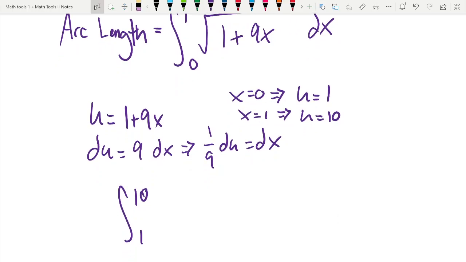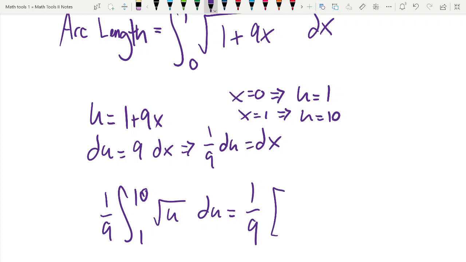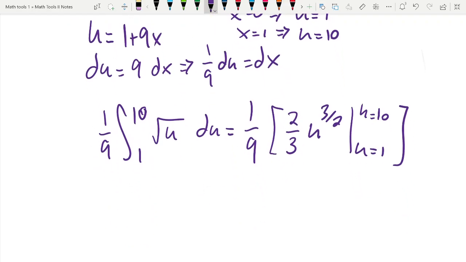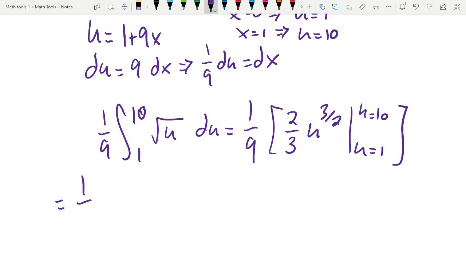So this is going to be 1/9 times the integral of the square root of u du. Back to antiderivative mode now. So you'll get 2/3 u to the 3/2 from u equals 1 to u equals 10. Okay, so you can bring that 2/3 out.